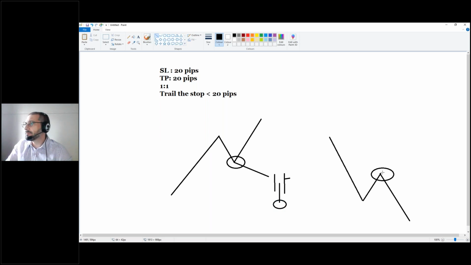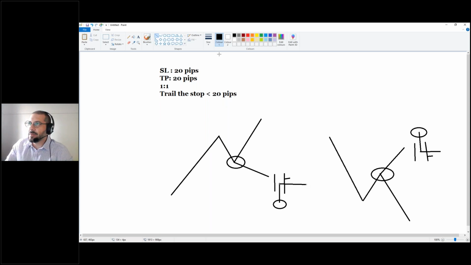Similarly, if we're going to go short, we're going to look for a setup like this. We get a candle that has the highest high in at least 3 candles, and the candle to the right of it must close below the reference candle's low. That's the way we're going to enter.